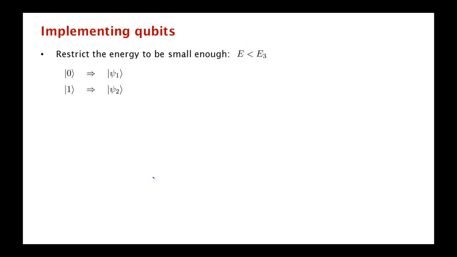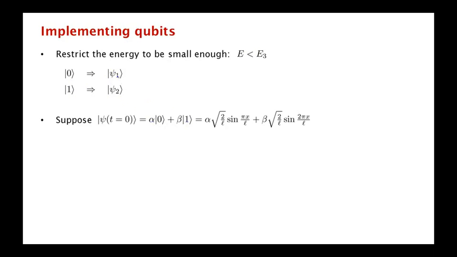So let's look at this more carefully. So we've made our total energy much smaller than E3, so that we want it to be in a superposition of just these two eigenstates of H, which we call the 0 and 1 state. And then in general, of course, we are in some superposition alpha times the 0 state plus beta times the 1 state.